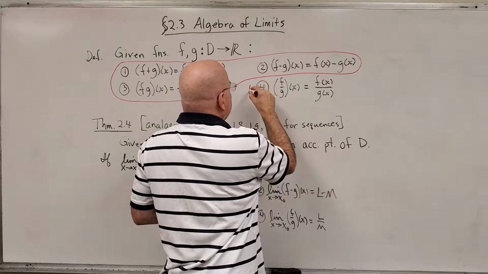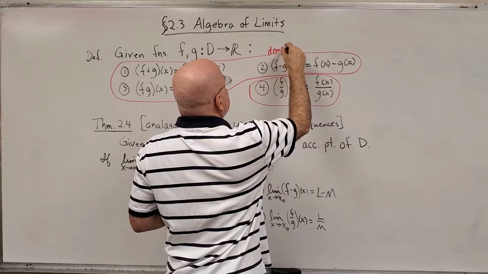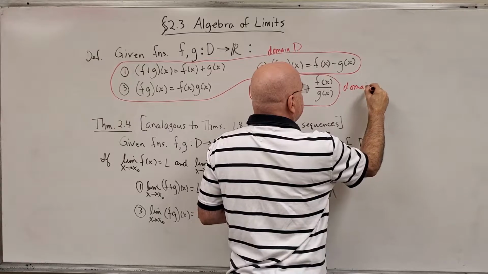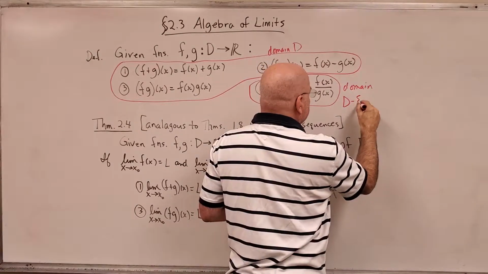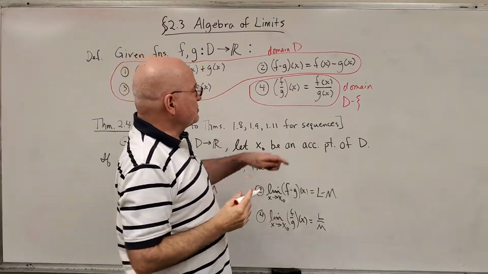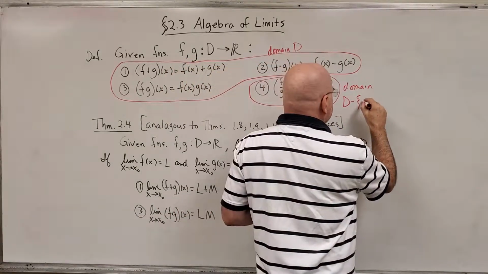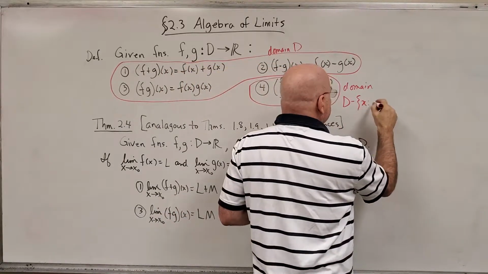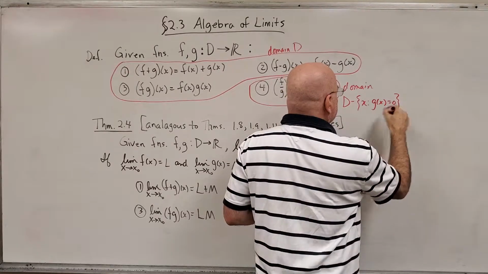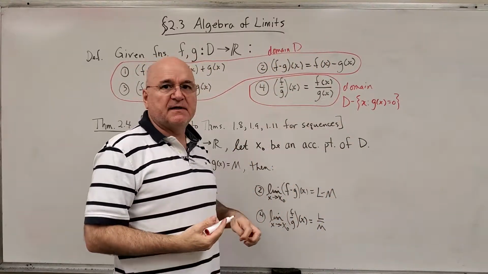This, number 4, the division function, maybe I'll write all of these have domain capital D, but this one is going to be the domain D minus all of the numbers or points where g of x is equal to 0. So I will say remove the set of all x such that g of x is equal to 0. So if g of x is never equal to 0, then the domain is simply capital D.